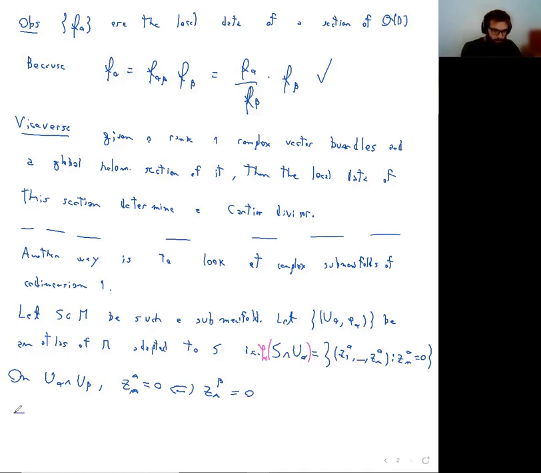So if now we think of Zn alpha as a function of the other variables with respect to beta, you should really think of this as the last coordinate of the transition map, so of the last coordinate of phi alpha inverse composed phi beta.